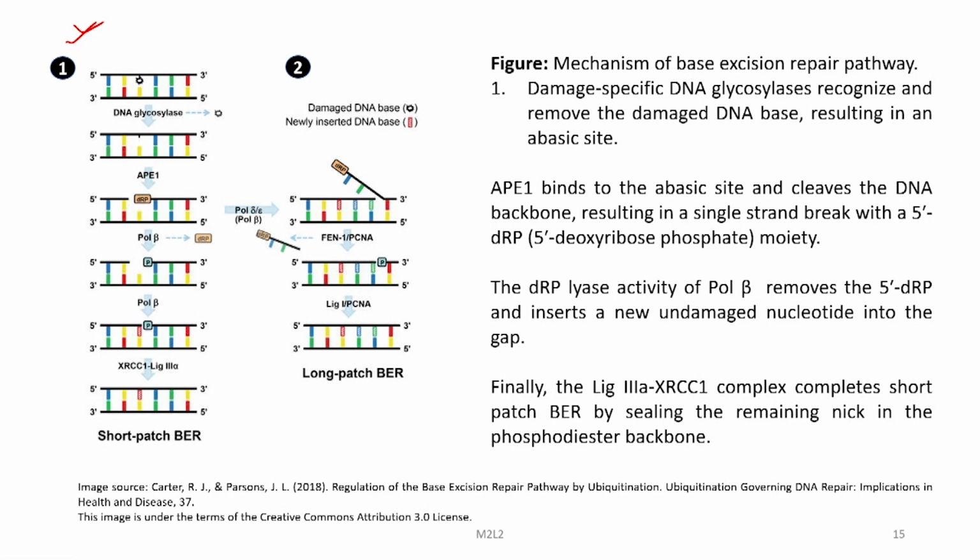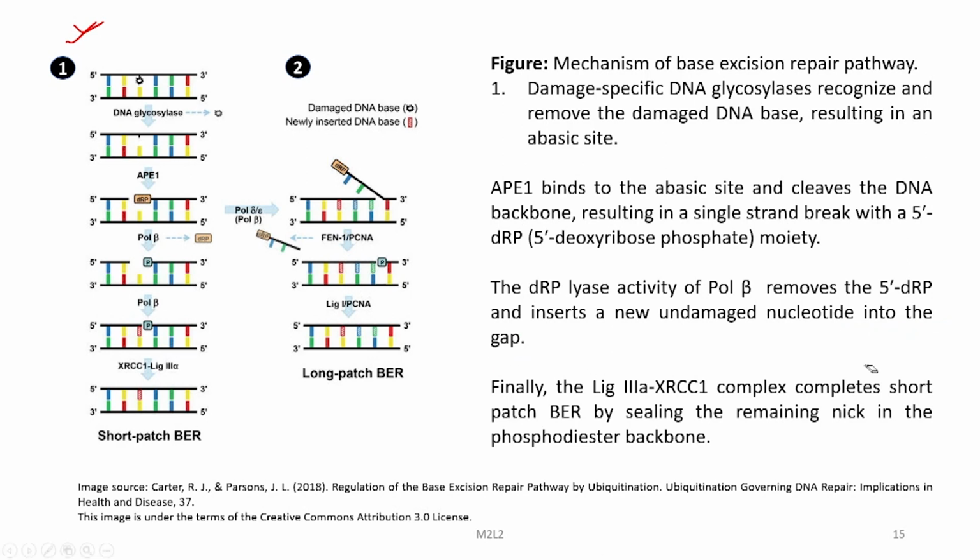The DRP lyase activity of Pol beta removes the 5' DRP and inserts a new undamaged nucleotide into the gap.